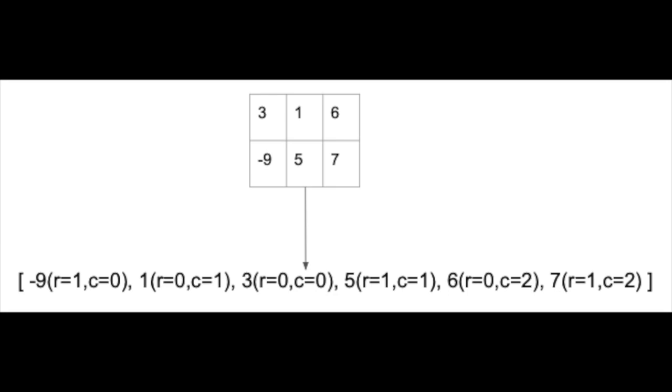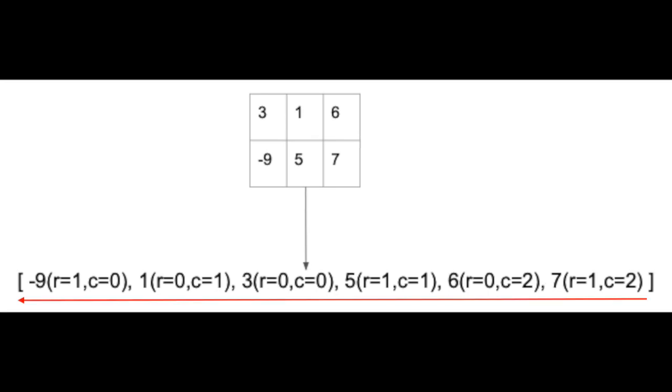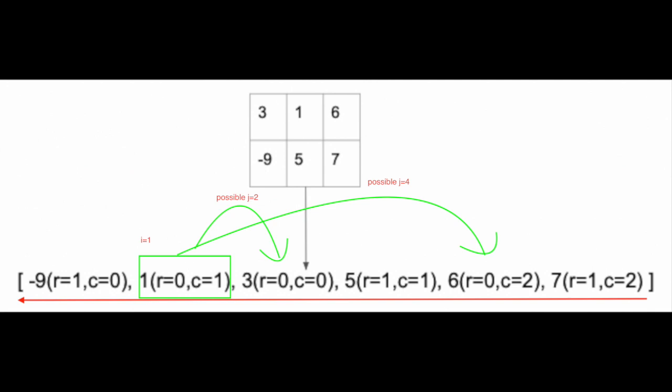Okay, so now if we look at the 1D array, if we try visiting them from largest to smallest, we can be sure that by the time we are visiting the current index, let's just assume that is index I, we have already visited all the other indices j that can potentially be next from I. So we just need to pick the maximum values from the right hand side, which has the same row as I or has the same column as I. And after that, we will need to consider the maximum value that I can provide to the neighbors on the left hand side.